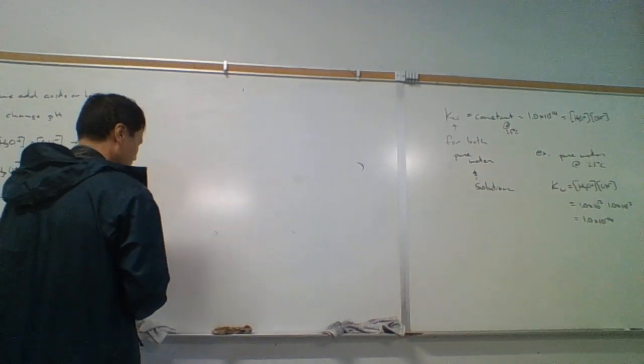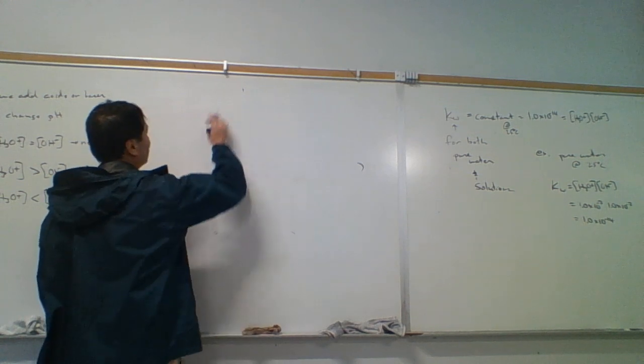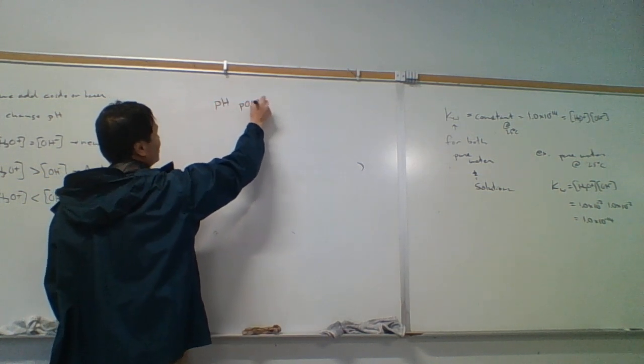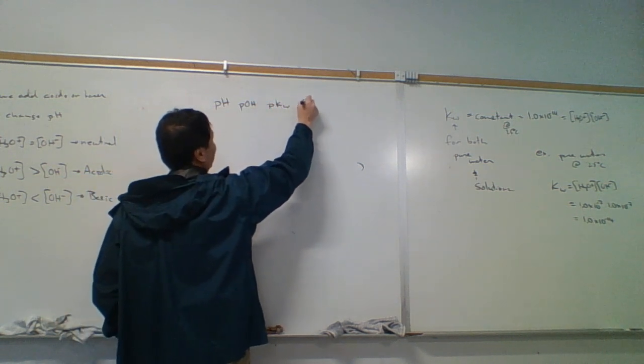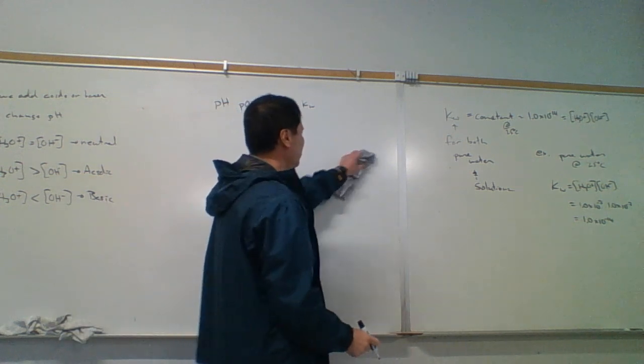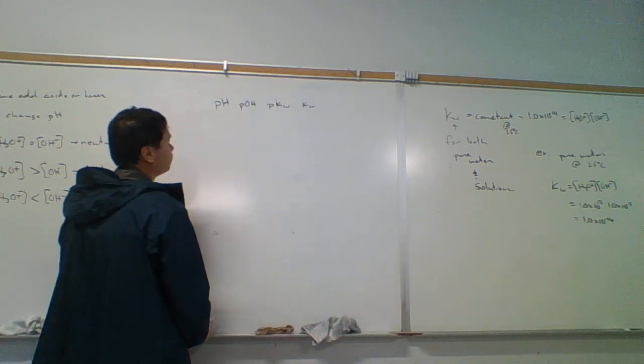Now, there are going to be some other relationships that we're going to see. So what we're going to do is pH, pOH, pKw, Kw, and we're going to look at relating these things to each other.